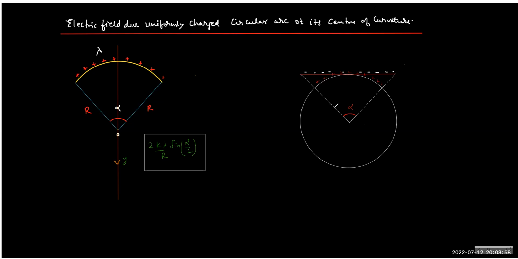We have a rod, you can see, which is just touching the circle. Lambda here is minus lambda, here is plus lambda.